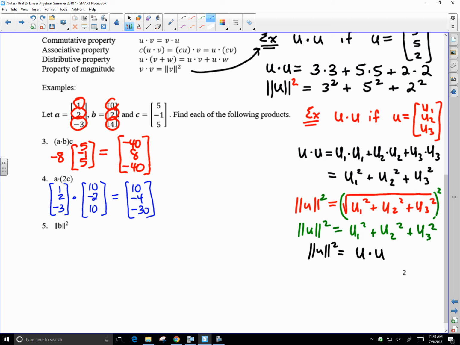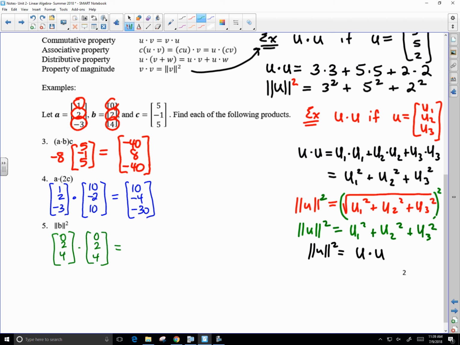Then the magnitude of B squared, which is the nicest question on this whole thing, you really can't get it wrong because knowing the magnitude formula is not too crazy.